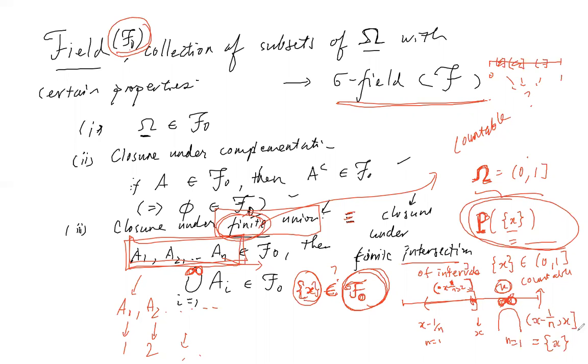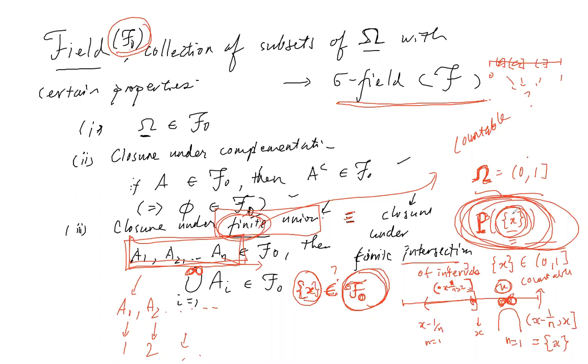It won't be exactly x. So if you had used only the field, and not the sigma field, there's no way you can assign a probability to this sort of set.